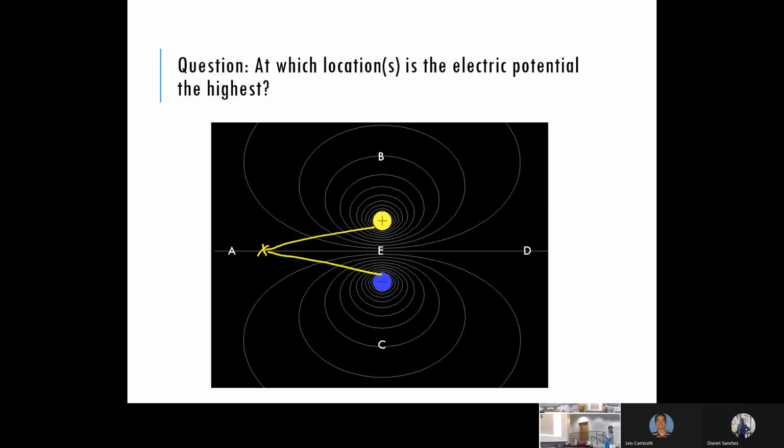Say, well, how does that help me? Let me now write down the expression for the electric potential. We had it down here in this lower right-hand corner at some point, but I'll write it here just to remind us. The electric potential due to a source charge is given by the Coulomb constant times the value of the source charge divided by the distance to that source charge.